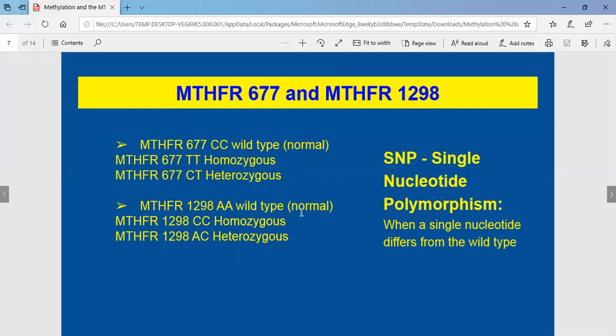On the other hand, with MTHFR 1298, I see a lot of sensitivities and allergies, and also mood disorders, an up and down kind of mood.